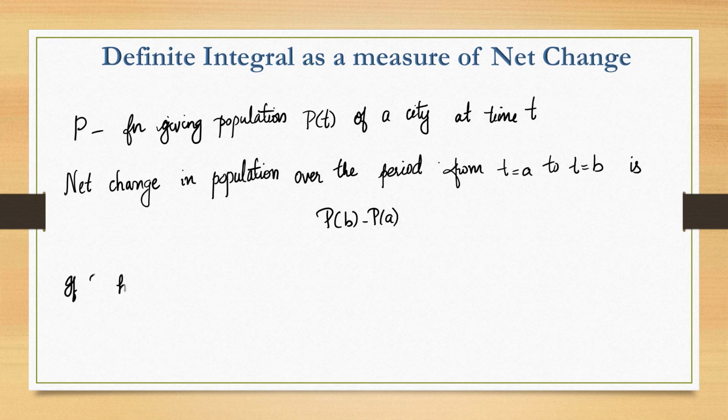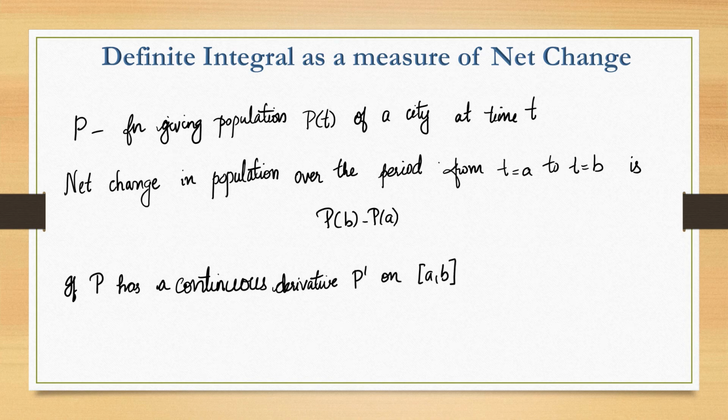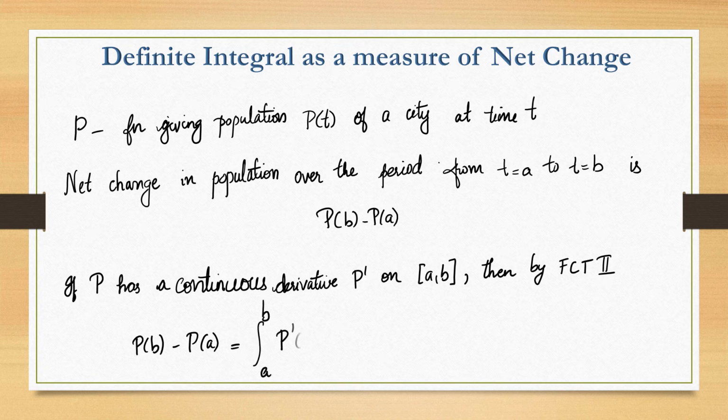Now if P has a continuous derivative P dash on the closed interval [a, b], then by the fundamental theorem of calculus part 2, we have P(b) minus P(a) equal to the integral from a to b of P dash(t) dt. Here P dash(t) will be the rate of change of population at any time t.